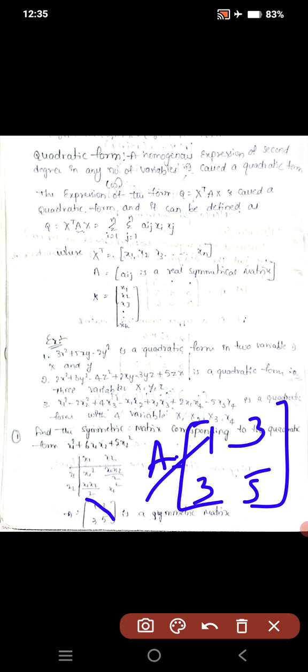Okay, this is a symmetric matrix, a simple shortcut. Okay, next go to another problem.